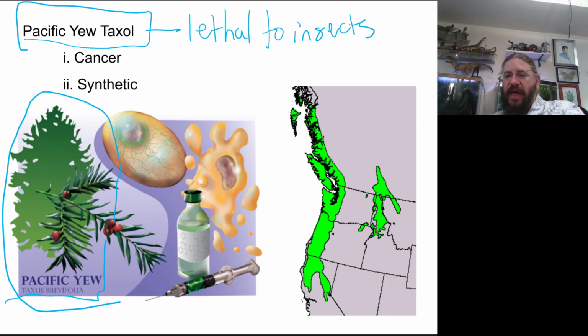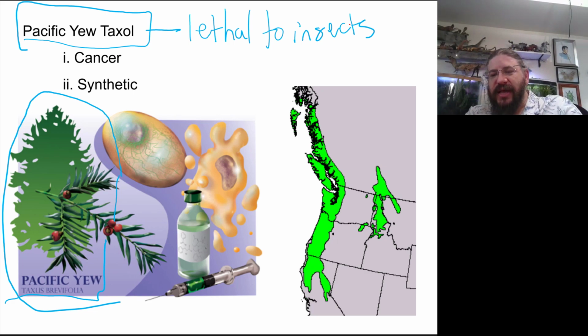It's actually pretty good against vertebrates as well, which is kind of cool. Well, no, actually, it's just insects. I'm misconstruing here. So it's just lethal to insects.